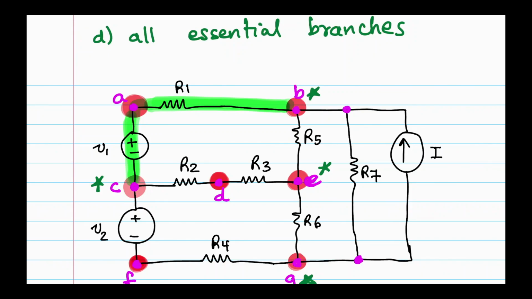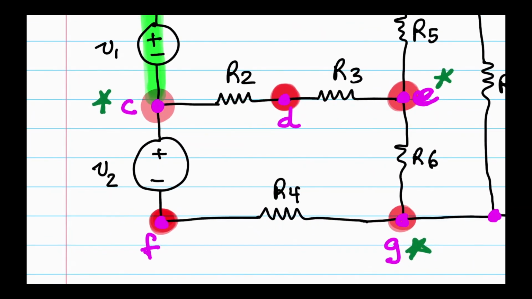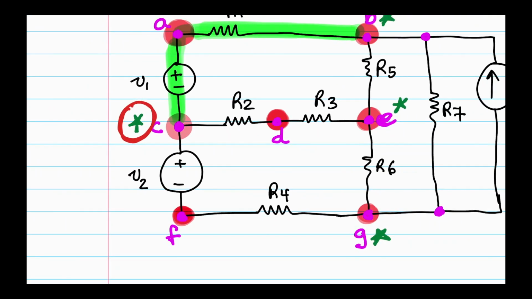Similarly, the other essential branch is, by the same logic, I have C and I have E. These are two essential nodes. So a branch between these two nodes, R2, R3, that certainly is an essential branch.